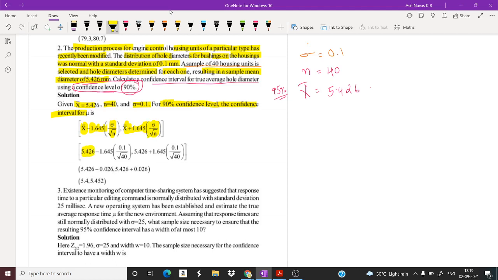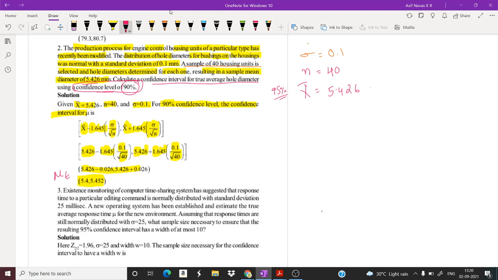Then 5.426 minus 1.645 into sigma 0.1 by root 40, and 5.426 plus 1.645 into 0.1 by root 40. So the interval is 5.4, 5.452. So there is a 90% chance that mu lies in the interval, that is, the population mean lies in this.